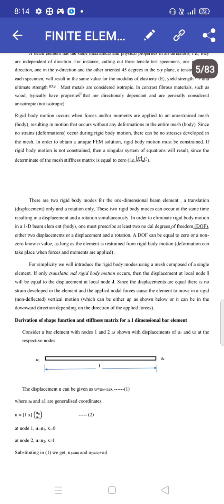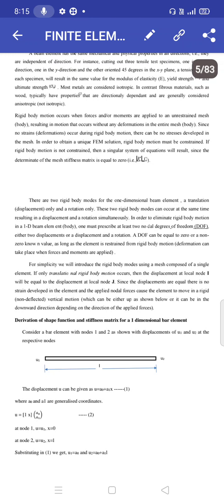A degree of freedom can be equal to 0 or a non-zero known value. As long as the element is restrained from rigid body motion, deformation can take place when forces and moments are applied. For simplicity, we will introduce the rigid body modes using a mesh composed of a single element.